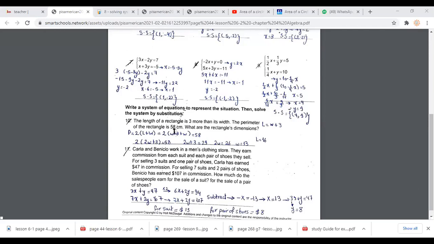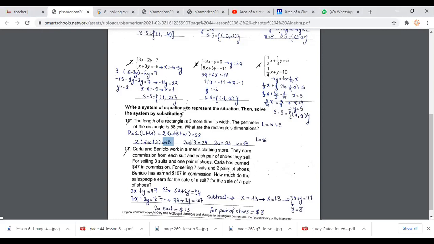We will simplify W and W equal 2W plus 3, and we will distribute 2 over the parentheses. Or we can divide. If you look at the number before the parentheses, we have 2, right? And on the other side you have 58. So it would be easier if you divide both sides by 2 instead of distributing the number over the parentheses. Then we will divide both by 2.